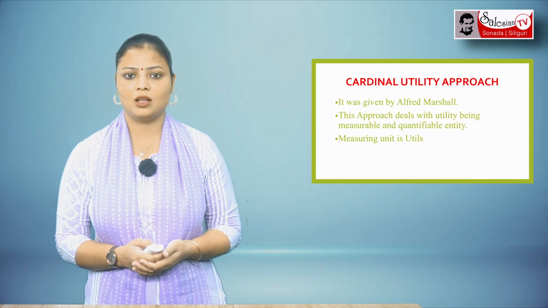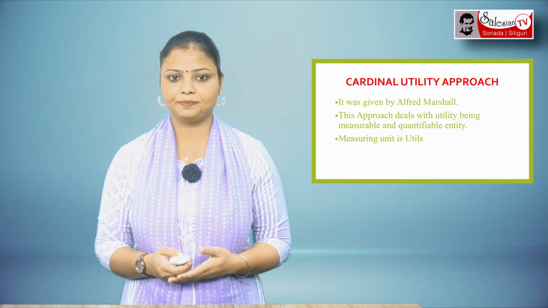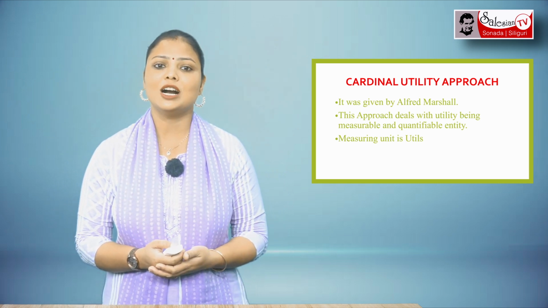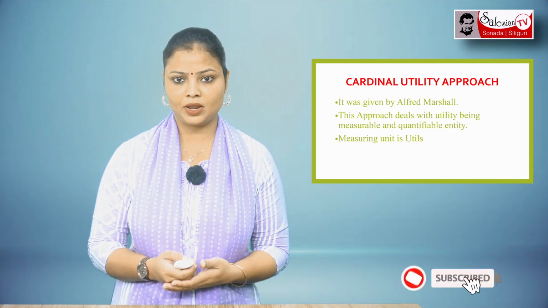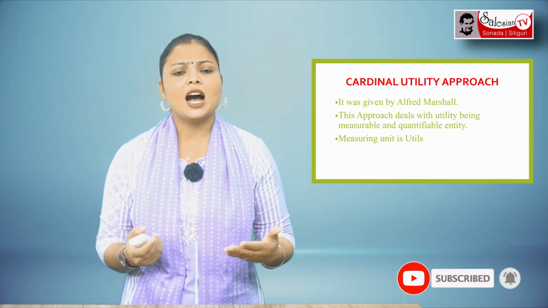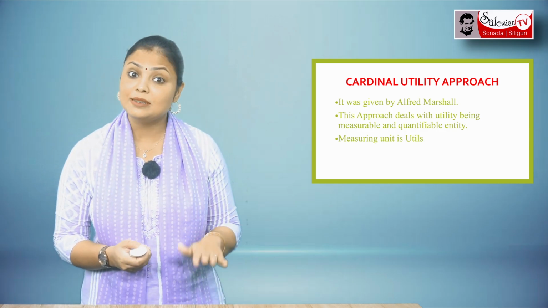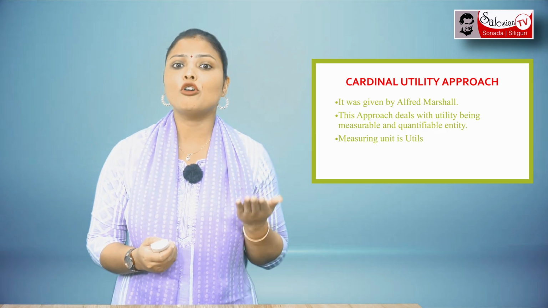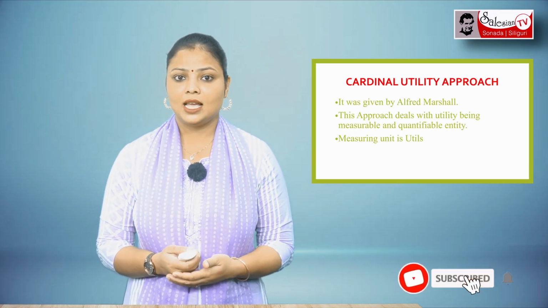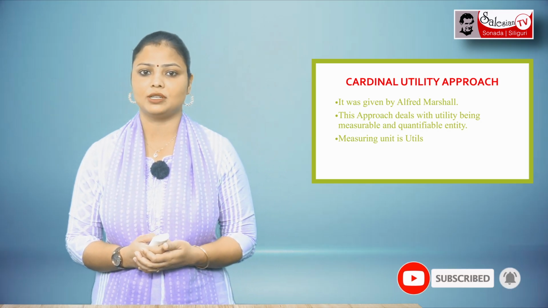Third assumption, constancy of marginal utility of money. Another important assumption is constancy of marginal utility of money. While the cardinal utility analysis assumes that marginal utility of commodities diminish as more of them are purchased or consumed, the marginal utility of money remains constant throughout.